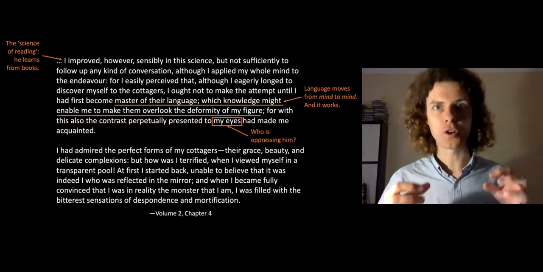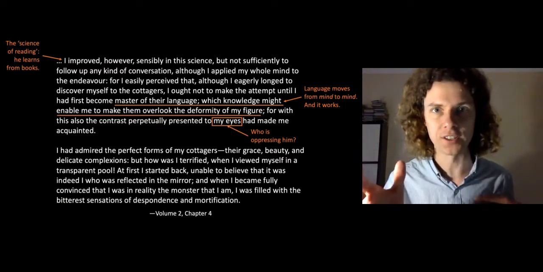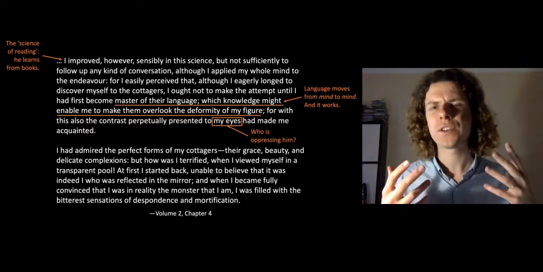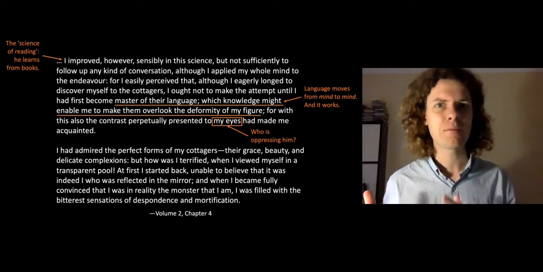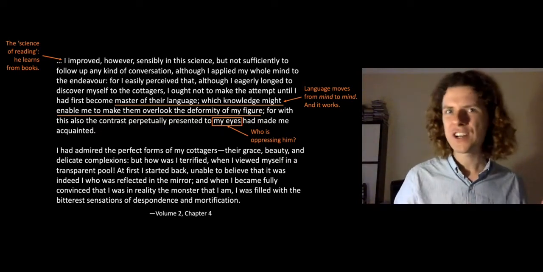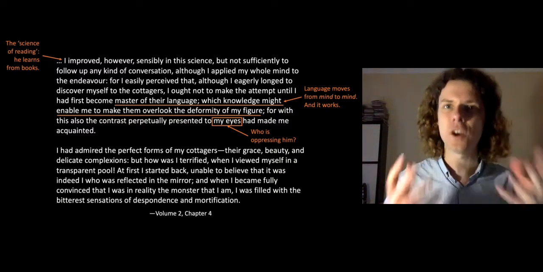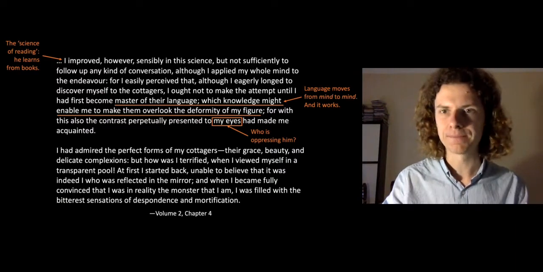In other words, the contrast between his own ugly body and the beautiful bodies of the cottagers. And the fact that it's his eyes that teach him this raises the question, who is really oppressing the creature? Is society oppressing the creature? Or is the creature oppressing himself with his own ideas and his own senses and his own thoughts? We'll come back to that question in a second.